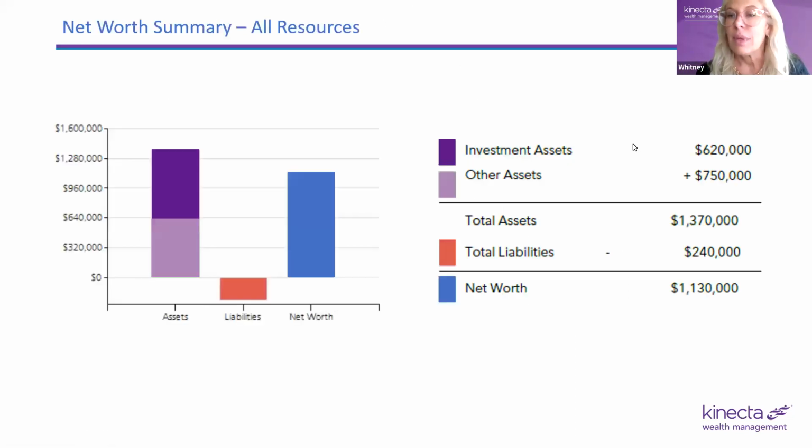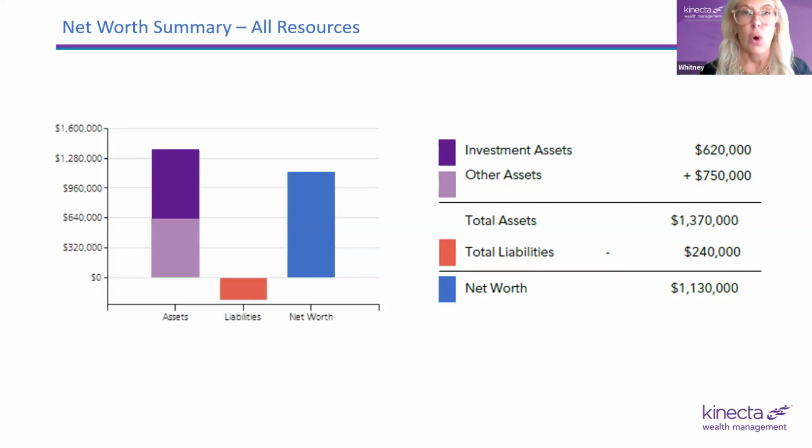As financial planners, we love to have these nice colorful graphs. This is a graph that's going to show you your net worth summary. In the case of Katie and Alex, they have saved 620,000. That is what they have saved. The other asset, the 750,000, is the current market value of their home.